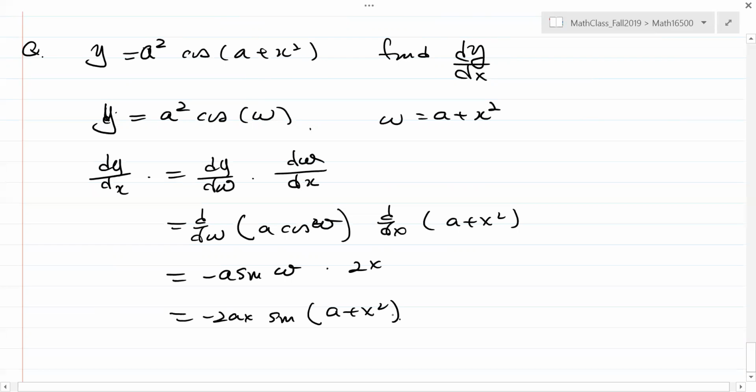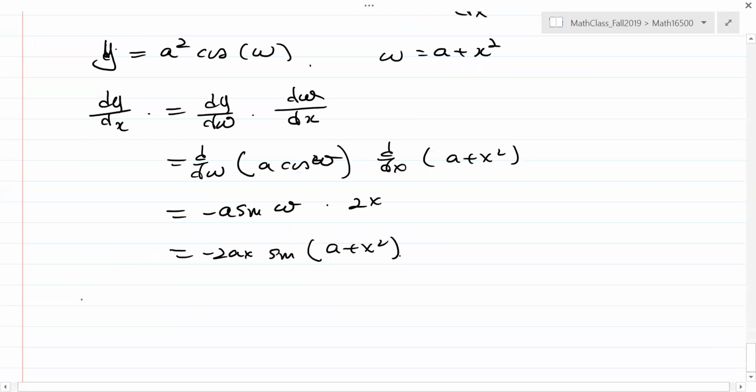So this is a simple function. You can differentiate directly. Okay, a good example will be like that: y equals square root of 4 minus x squared. Find the derivative of y with respect to x. That's a typical example. Okay.